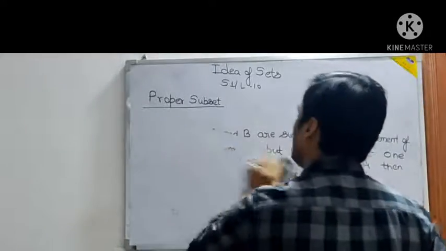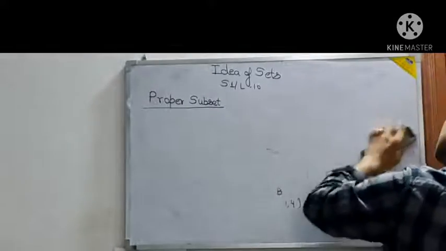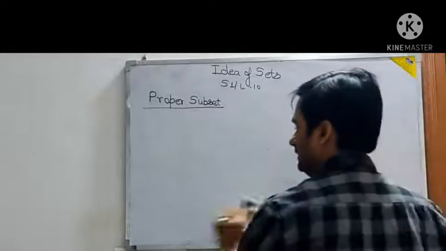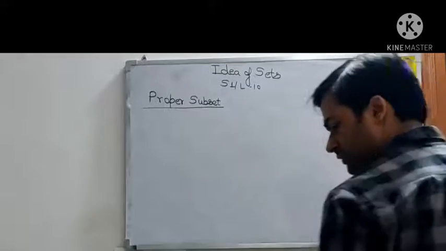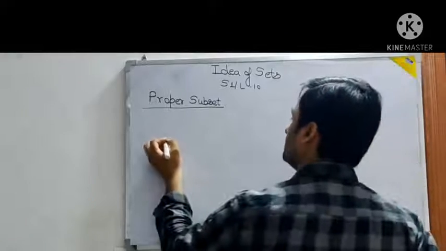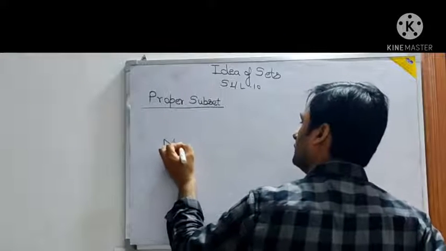So how many proper subsets would there be for a set?